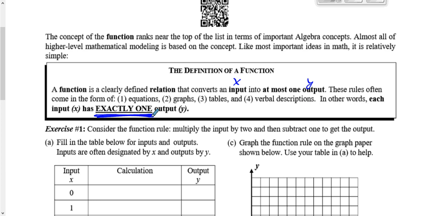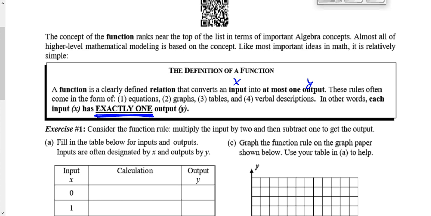So if you put in an x value and do the stuff to it, like say, put in a value of 3 for x, do stuff to it, and maybe out comes a 5.